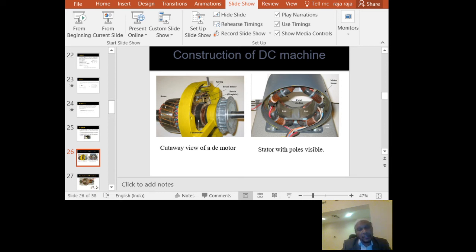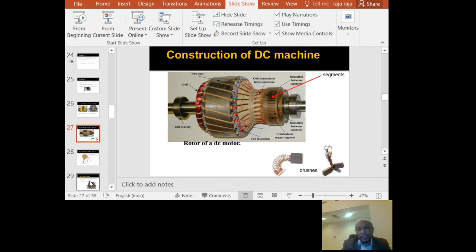So this is a very interesting picture, the cut view of the DC machine, and you can very clearly understand what the major parts are, the structure, and the color of the winding, and all those things we can get from this view. Also, this is the rotor side. They show the coil, rotor side, coil, iron core, and the commutator that we saw before, and they show it here in the small bottom figure.